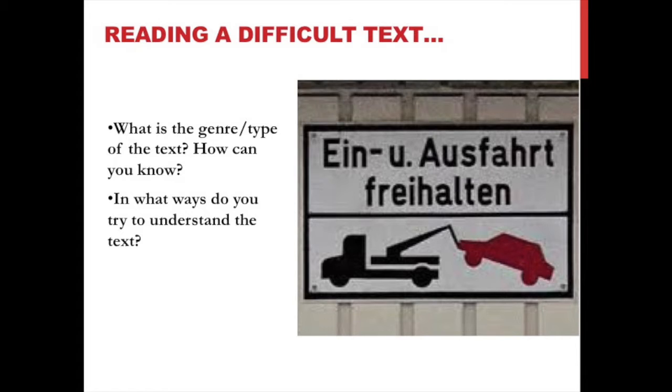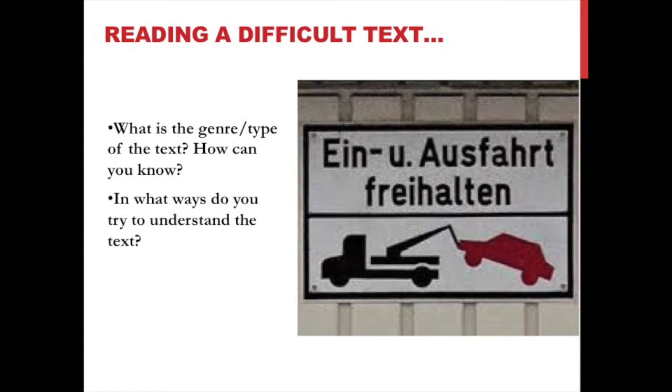Without really understanding these specific languages, and I include myself, I don't understand this language. So what do you think the type of text is? I would say many of you would think this is a street sign for drivers on the road, right?